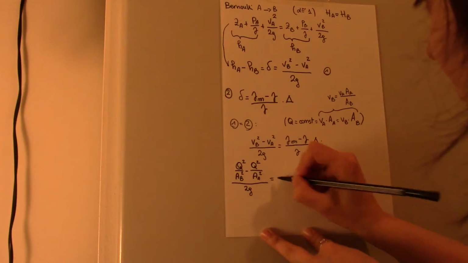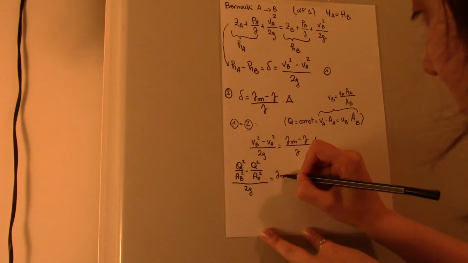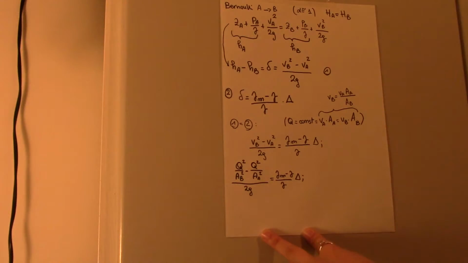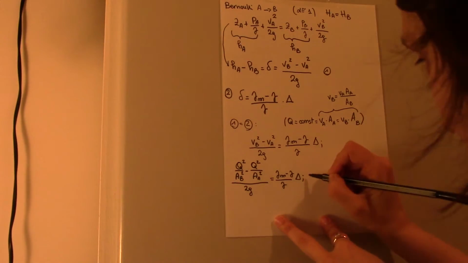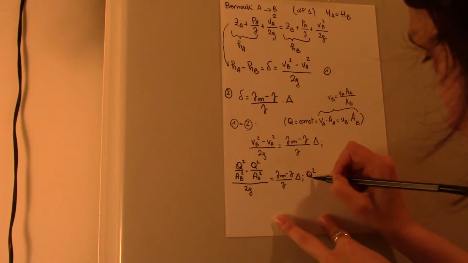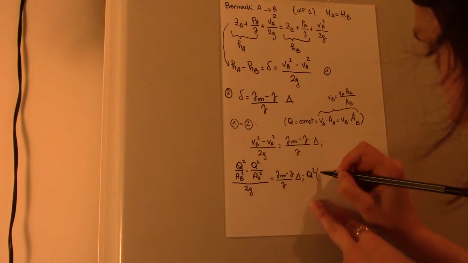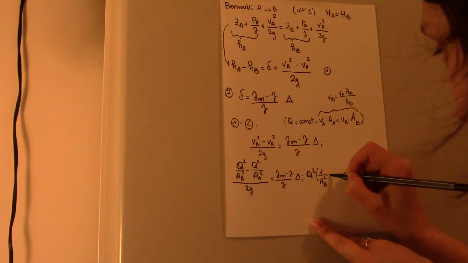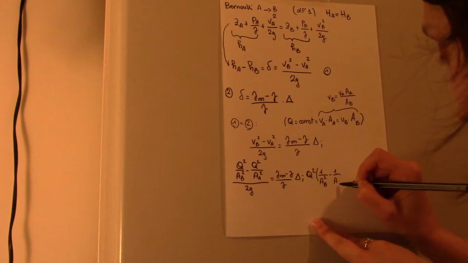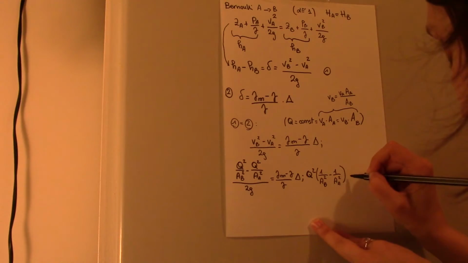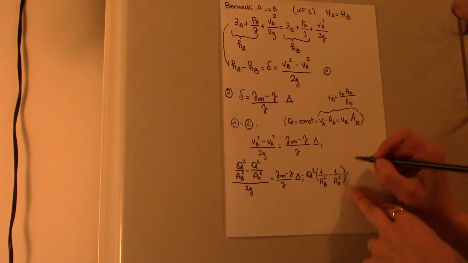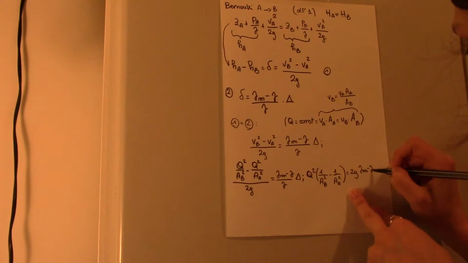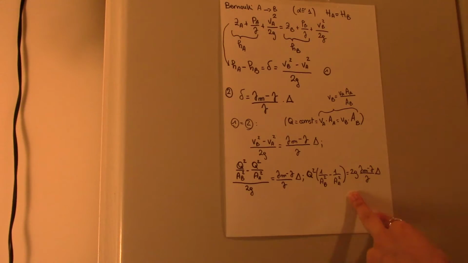Alright, so it becomes gamma m minus gamma over gamma delta, and then Q squared multiplies 1 over AB to the power of 2 minus 1 over AA to the power of 2 equals 2g, again gamma m minus gamma over gamma times delta.